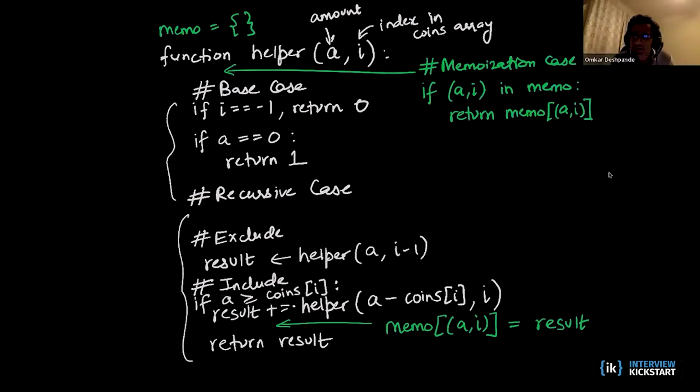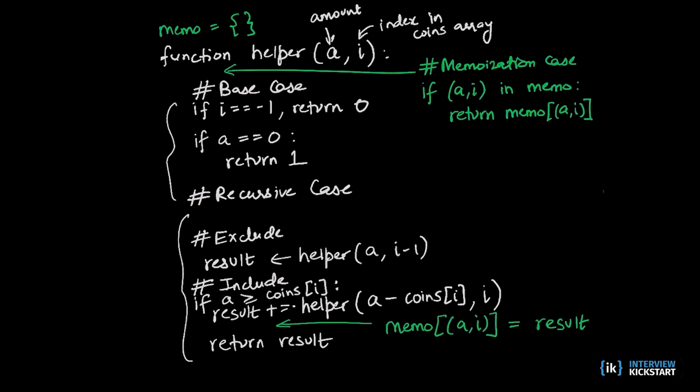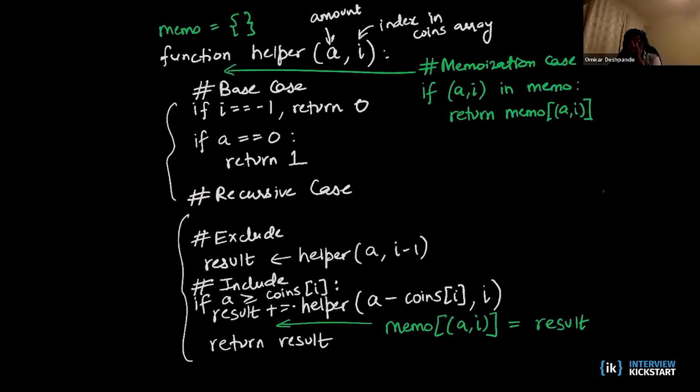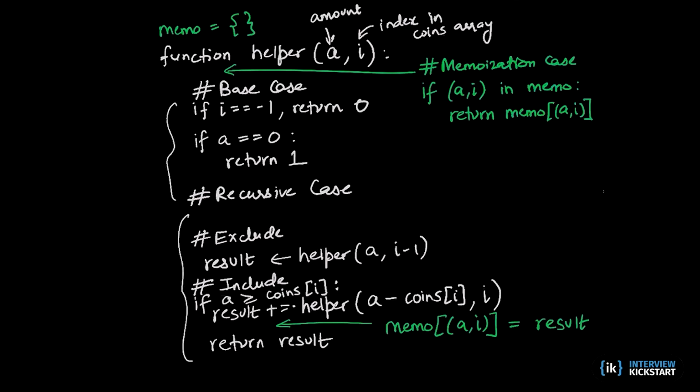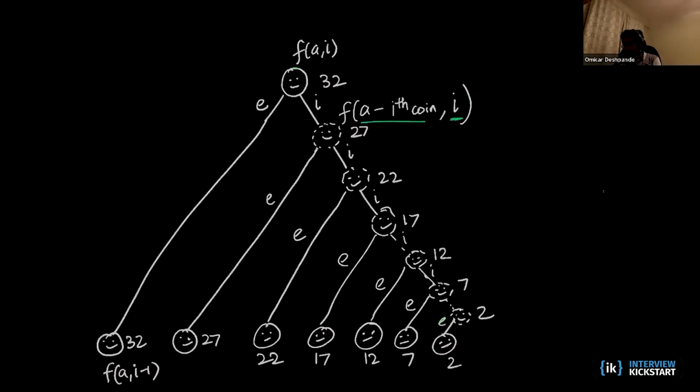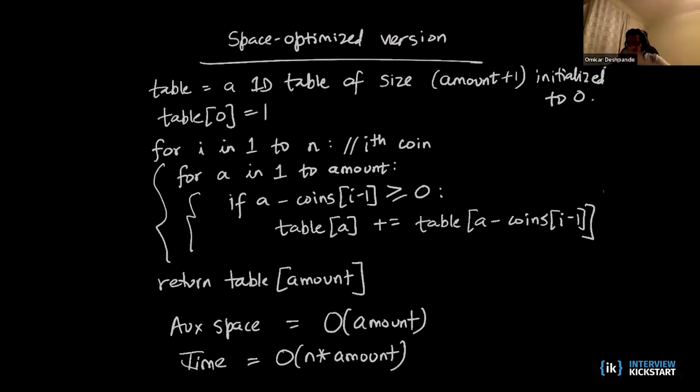Pratik? Yeah, so in the memo case, would the space complexity also be less, even if we consider the recursion stack? Because the size of the stack would be the length of the coins array, right? So space complexity is harder to say because, even though there are fewer subproblems potentially being solved, at least for this problem, you saw that the whole 2D table collapsed into a 1D array.